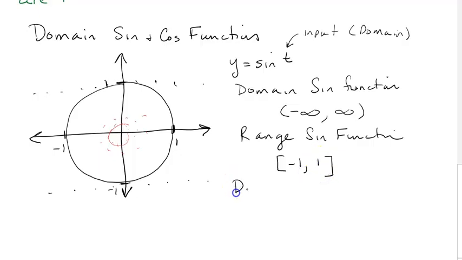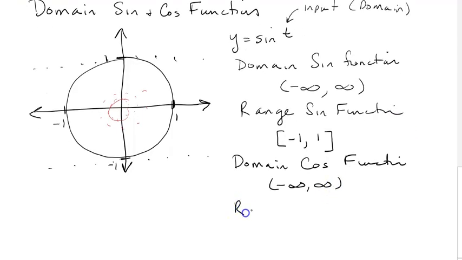In fact, cosine is going to be very similar. Where you can input any angle. But you can see by the x's, you are also only looking at 1 to -1.